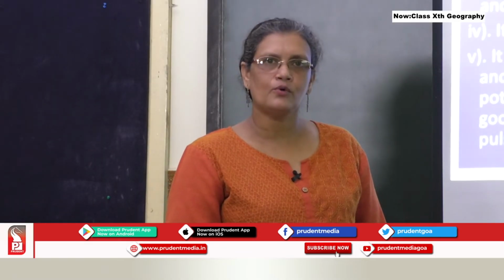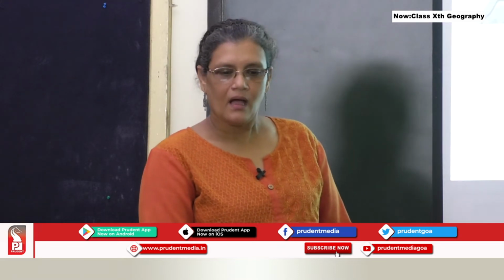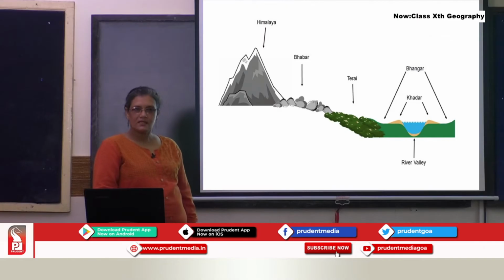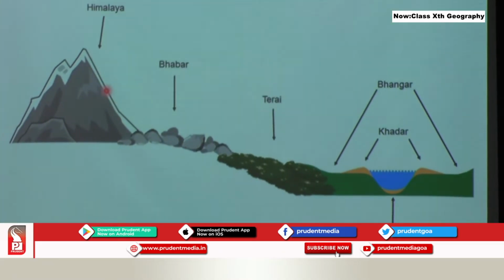Let us study a little more on the formation of these alluvial soils. These are the Himalayan mountains from where the rivers come down. You will see that with the steepness of the Himalayas, there is a lot of erosion taking place.